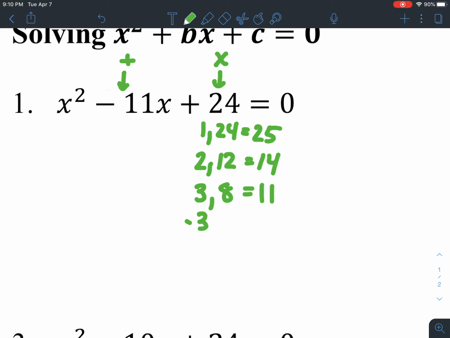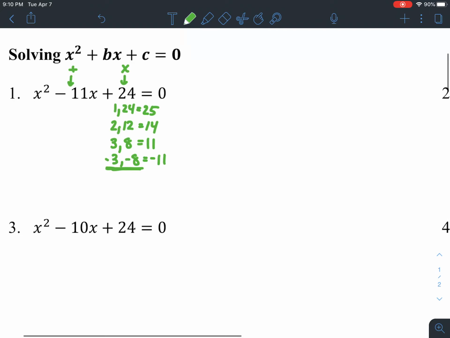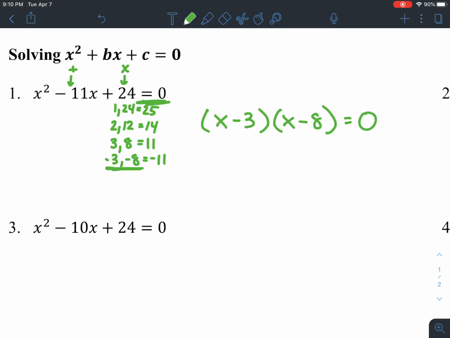So that just means we want to use negative 3 and negative 8, because negative 3 times negative 8 is still positive 24, but when we add those together, that equals negative 11. So these are the factors right here, negative 3 and negative 8. So inside my parentheses, I'm going to have x minus 3 and x minus 8, and include this last part of equaling 0.